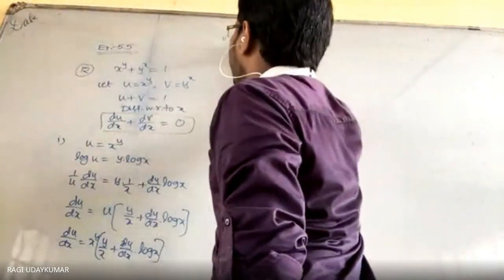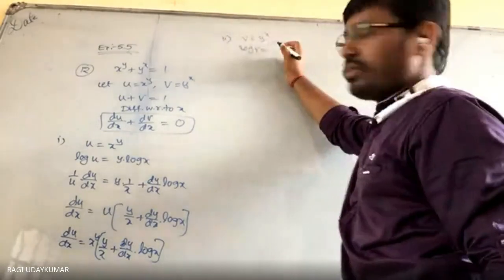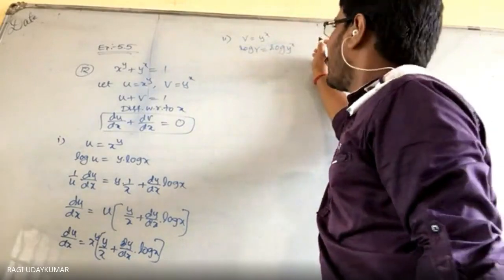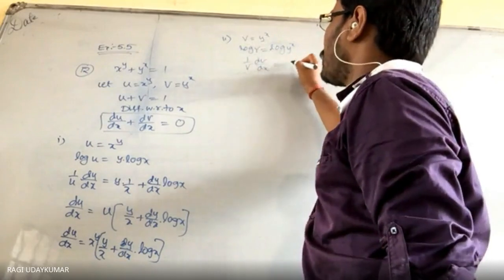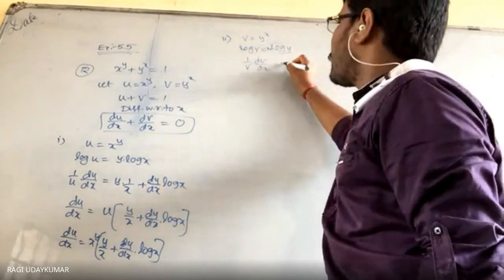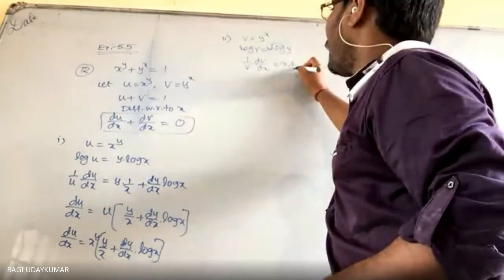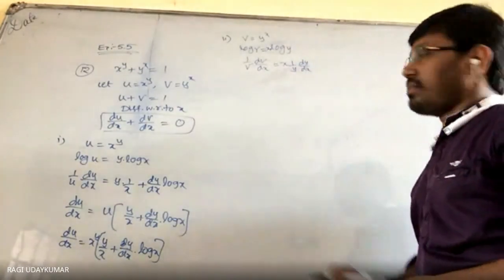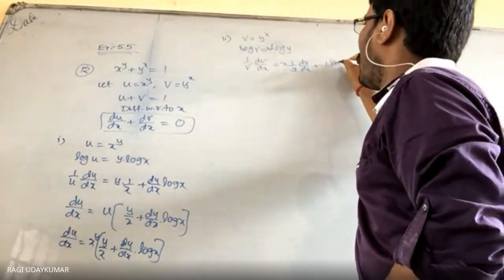The second part is what here? v is equals to y power x. So taking logarithm on both sides, log v is equals to logarithm of y power x. So 1 by v dv by dx is equals to x into log y. x as it is, log y differentiation with respect to x is 1 by y and again dy by dx, plus differentiation of x is 1 into log y.